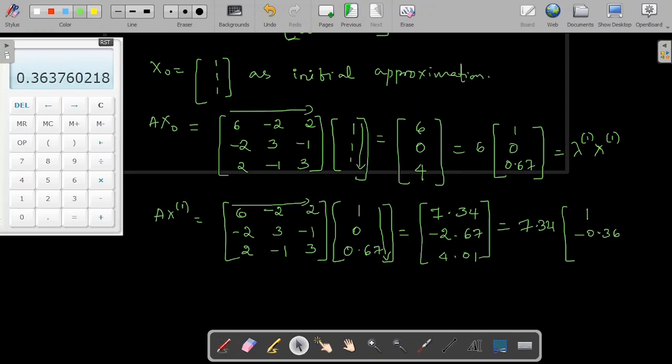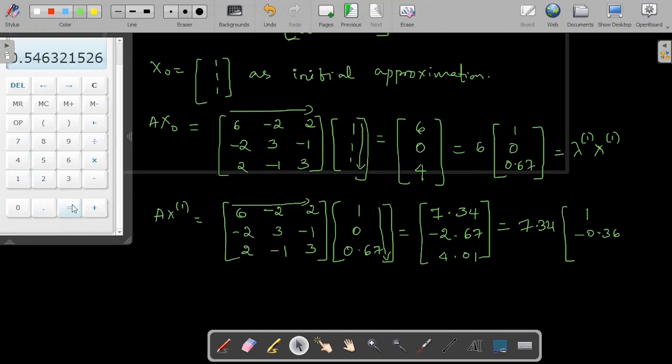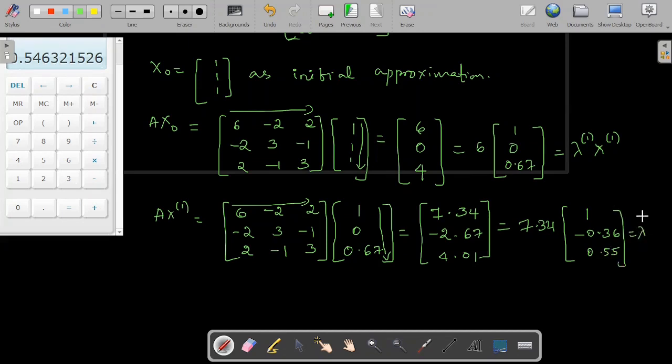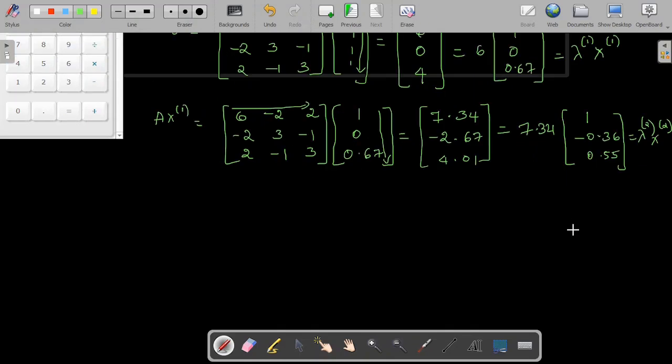Similarly, the last value 4.01 divided by 7.34 gives you 0.546. You can round it off to 0.55. So this is the next approximation, lambda 2 and x2, for the corresponding eigenvectors.